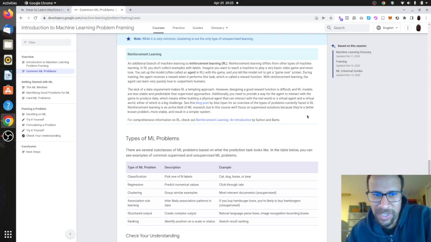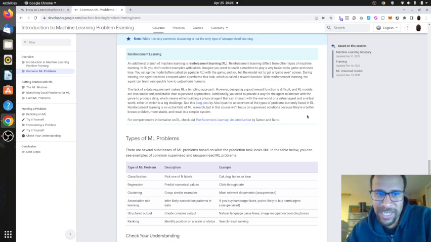An additional branch of machine learning is reinforcement learning. Reinforcement learning differs from the other types of machine learning. In RL, you don't collect examples with labels. Imagine you want to teach a machine to play a very basic video game and never lose. You set up the model, often called an agent, with the game, and you tell the model not to get a game over screen.